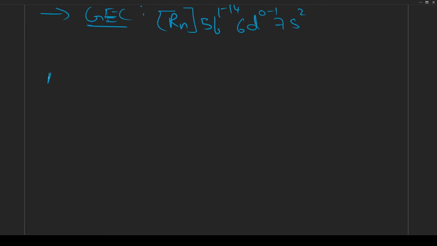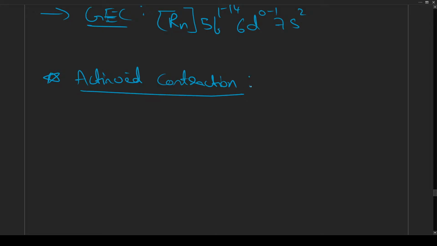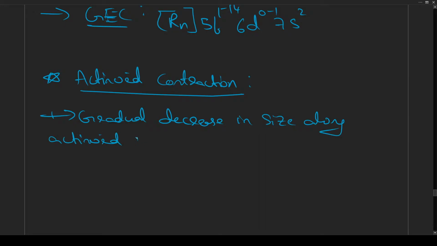Now a topic we saw before, a similar topic, actinoid contraction. Same thing: the gradual decrease in size of atoms along the actinoid series is called actinoid contraction.